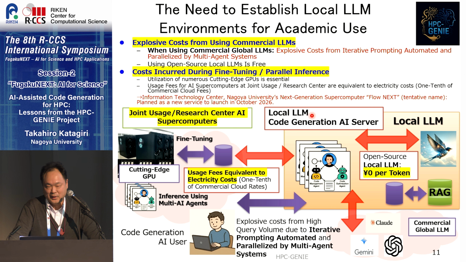That's a problem. But by using a local LLM, it is basically free, so it's a very attractive way. Of course, we have a quality problem, so we need some refinement technologies. But this is very important: what is attractive about using the local LLM.